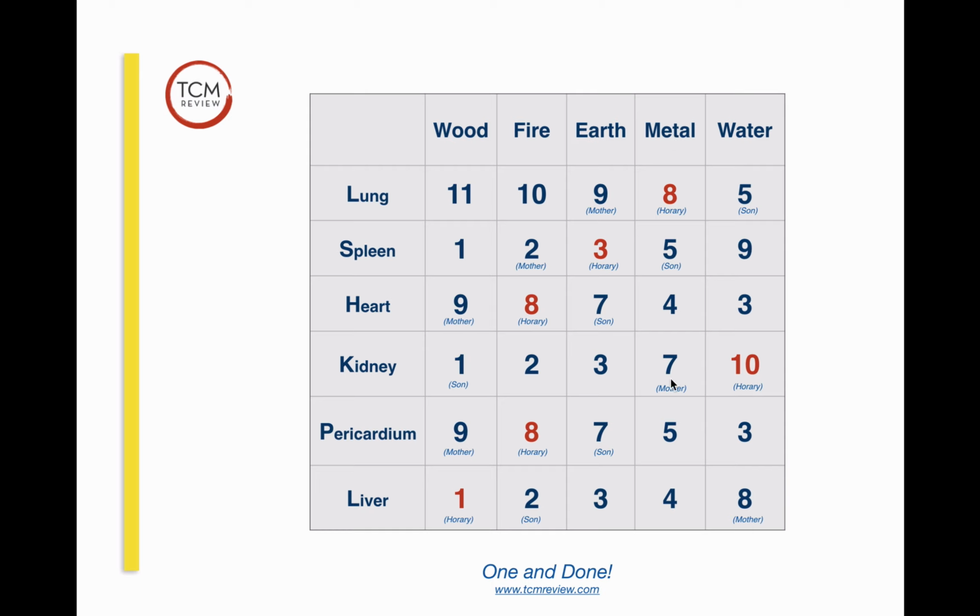So if we look for the horary point for the mother element, that would be lung 8. Lung 8 is the metal on metal point. For pericardium, the mother point is 9, which is a wood point, and so we would use wood on wood, which is liver 1. Does that make sense for everyone? I hope so.